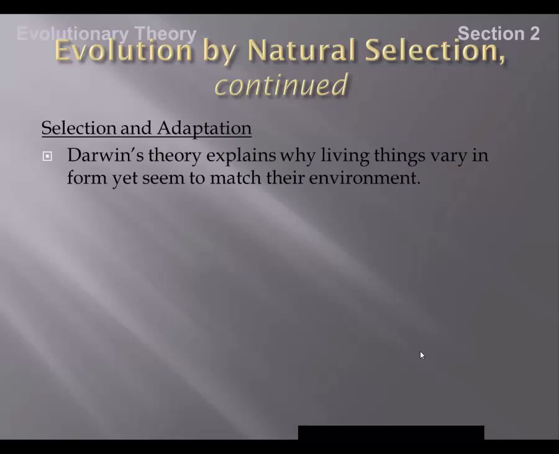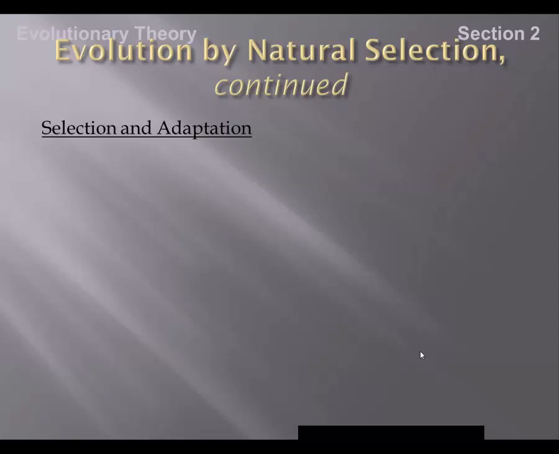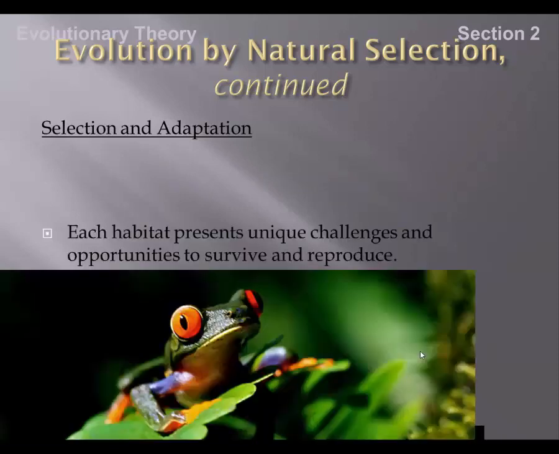Darwin's theory explains why living things vary in form yet seem to match their environment. Each habitat presents some unique challenges and opportunities for survival and reproduction. Each organism may be better suited to the environment, and if it's better suited to the environment, the population ends up gaining traits that allow it to survive better within that population or within that environment.